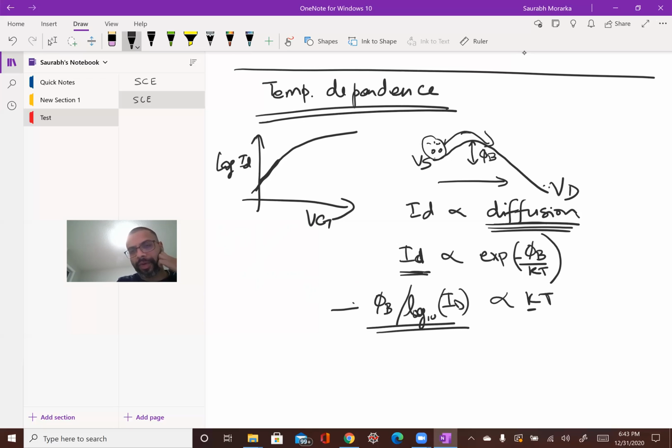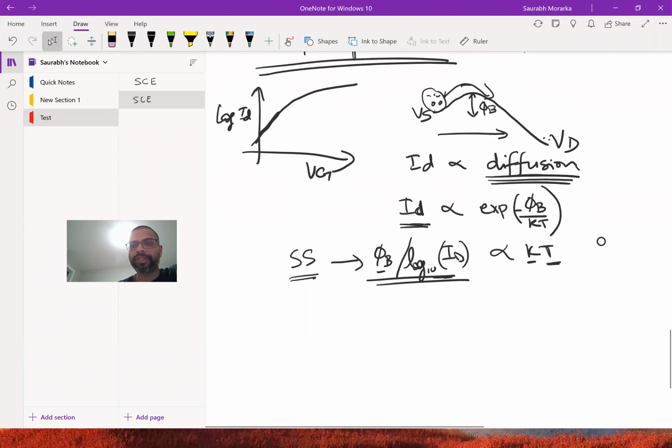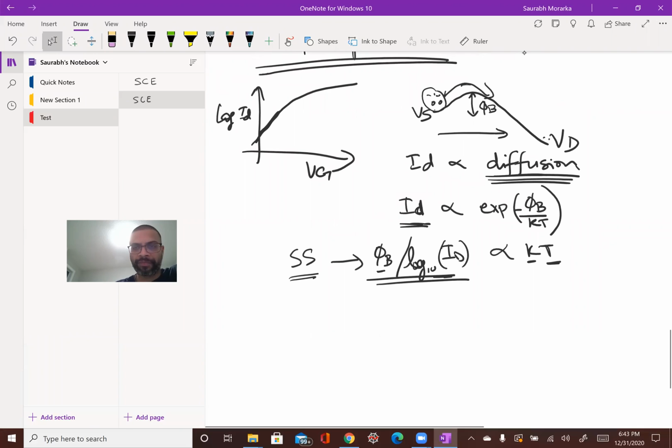What we also know is that the change in the barrier, or we can say change in the gate voltage versus log of ID, is also the subthreshold slope. And that is directly proportional to the temperature. This is a very key effect. In fact, the subthreshold slope is a very good measure of the temperature testing of the device.